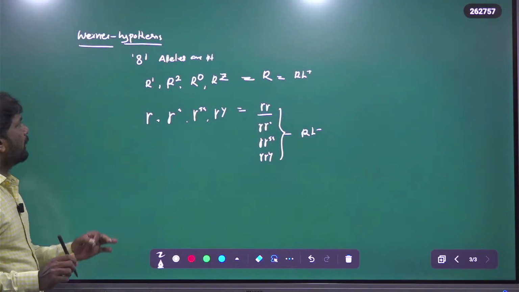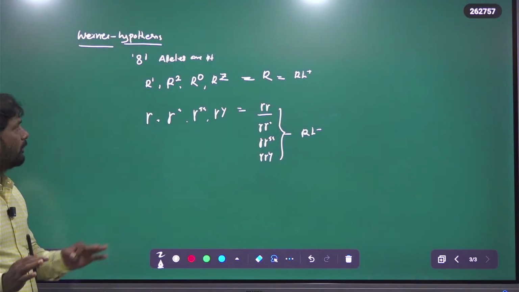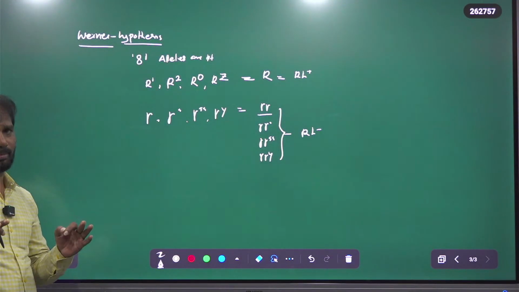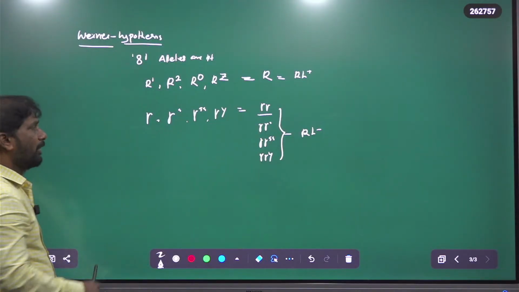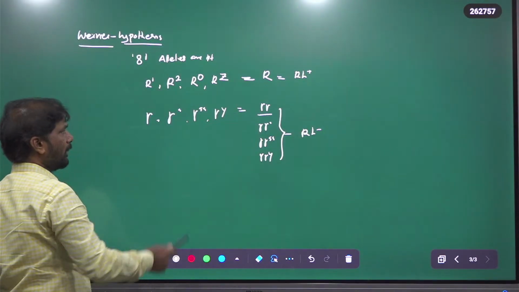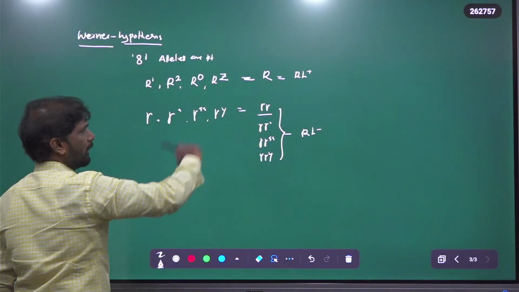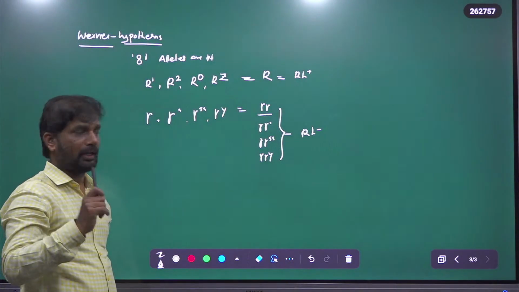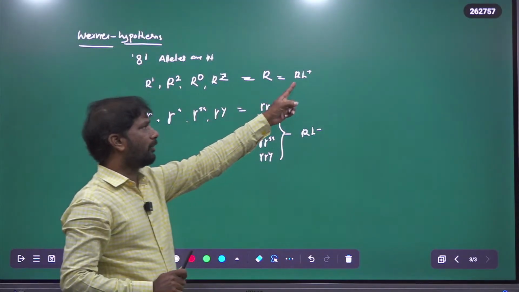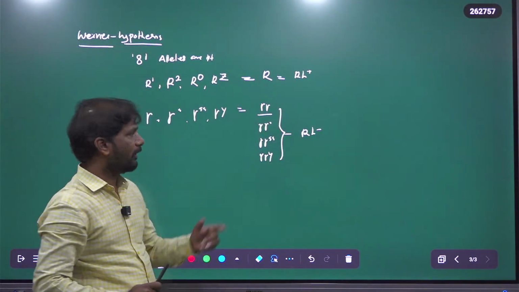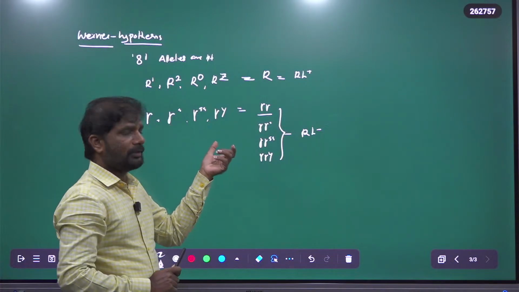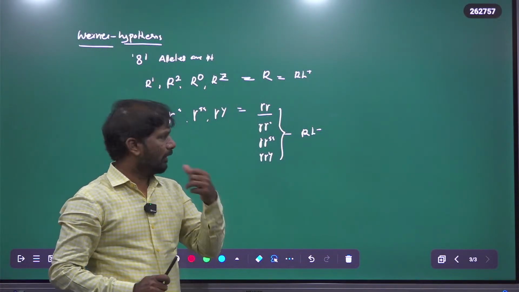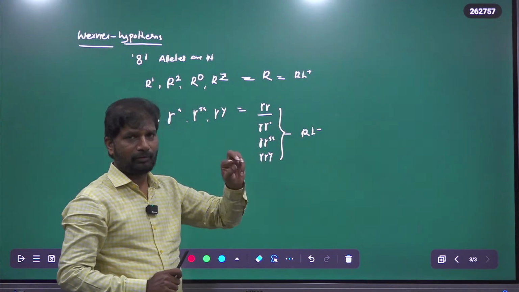So according to the Wiener hypothesis, there are 8 alleles present, meaning 8 pairs of alleles. Of these, 4 pairs are concerned with capital R and the other 4 pairs are concerned with small r. Capital R indicates the presence of the Rh antigen, and small r indicates the absence of the Rh antigen.